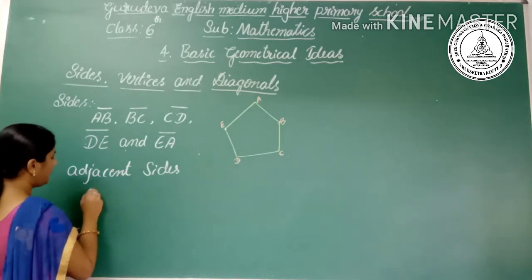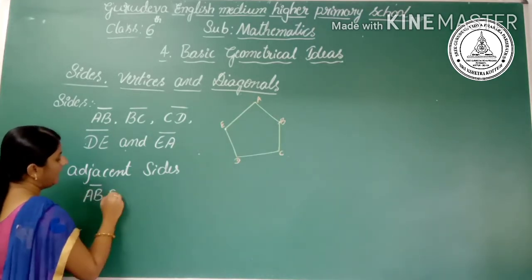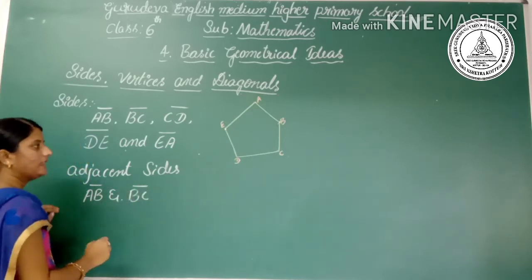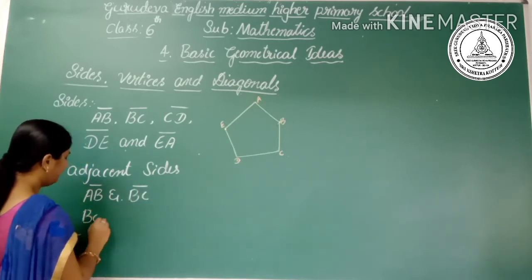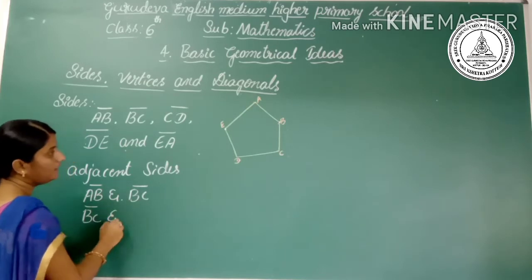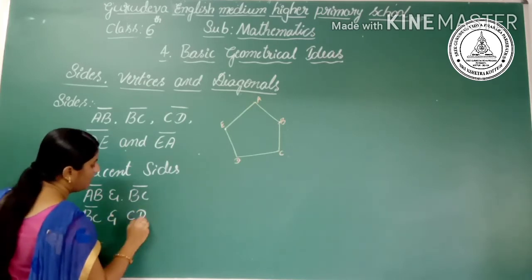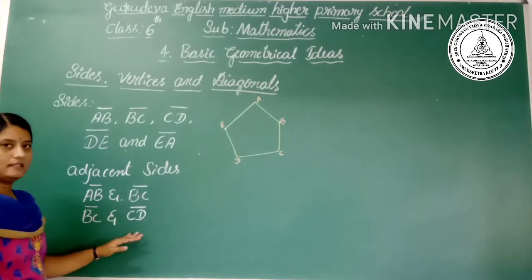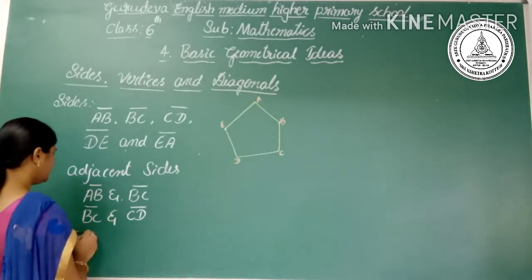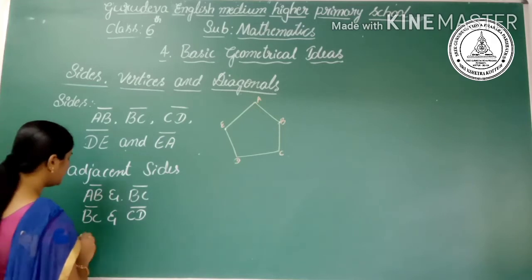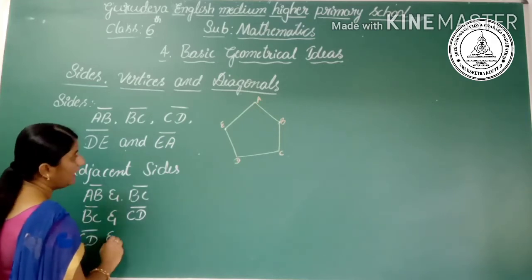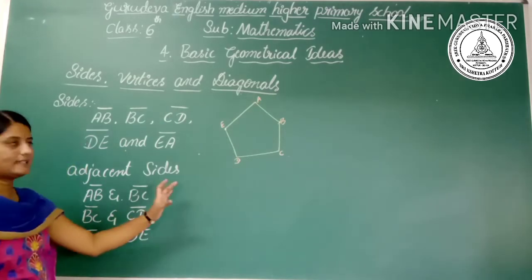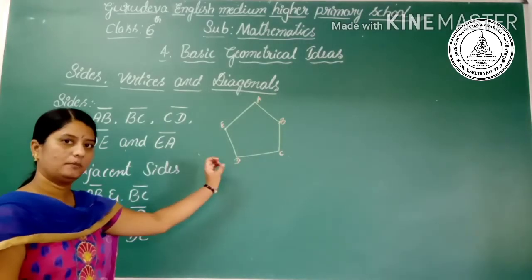Then BC and CD are adjacent sides. Similarly, CD and DE are the adjacent sides of the given polygon.